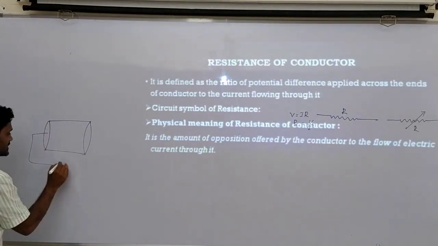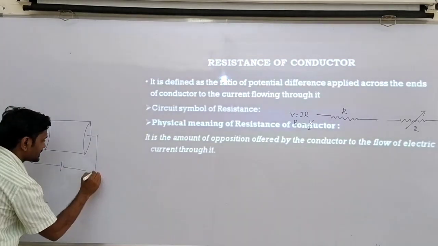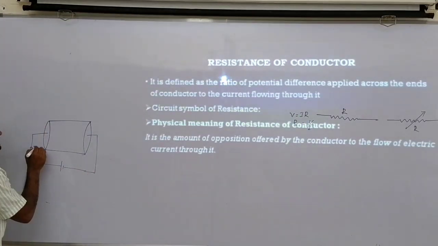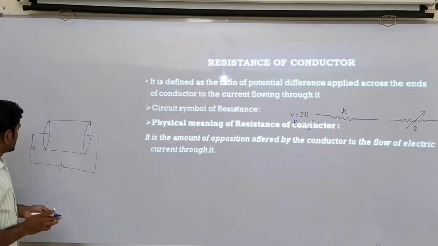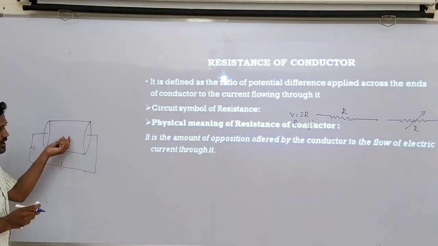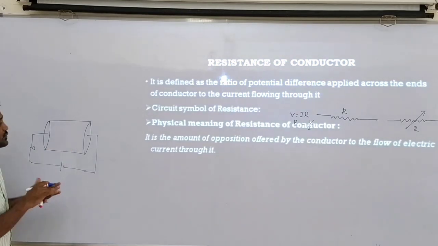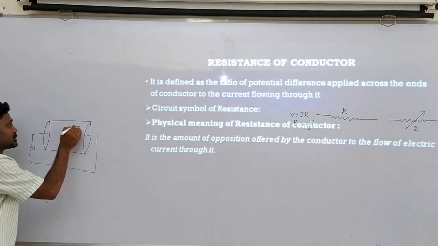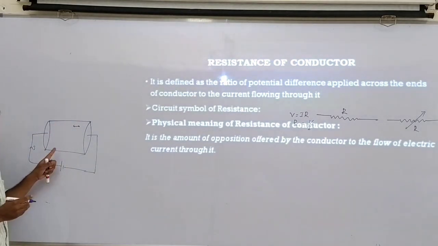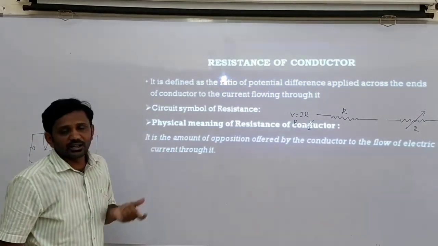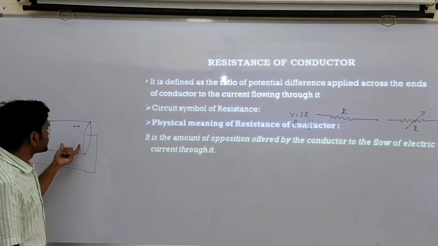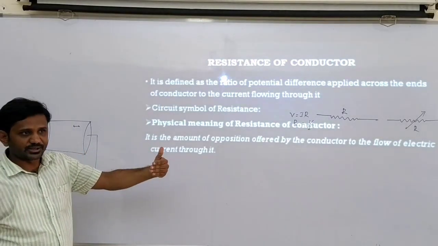When a potential difference is applied across this conductor, the current is passing through it. During this current, some opposition is offered to the flow of electric charge through this conductor. That opposition we can call the electrical resistance. How the opposition is offered, we will discuss later.